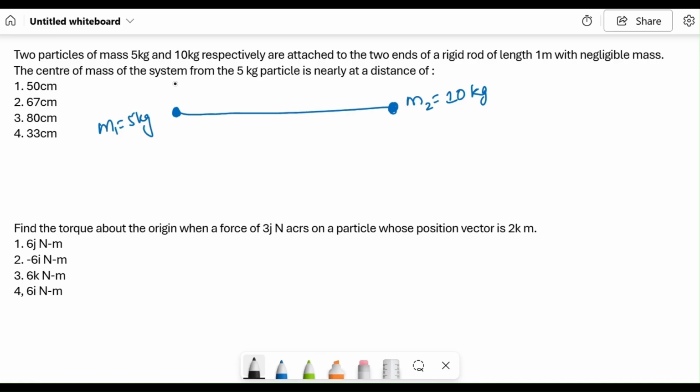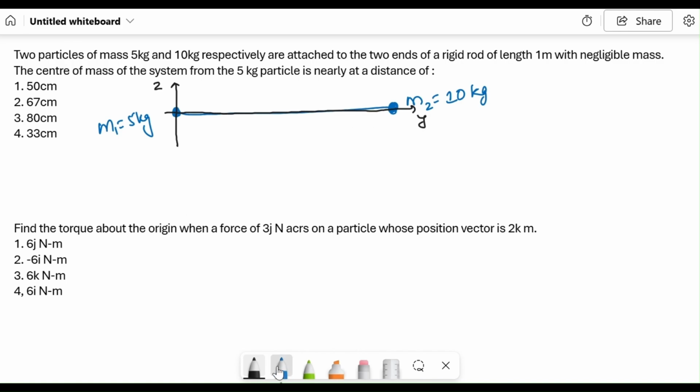Let's say we have to obtain the center of mass with respect to this 5 kg, meaning how far the center of mass will lie. Let's say we are keeping this 5 kg mass at the origin, and we are keeping this rod along the y axis.